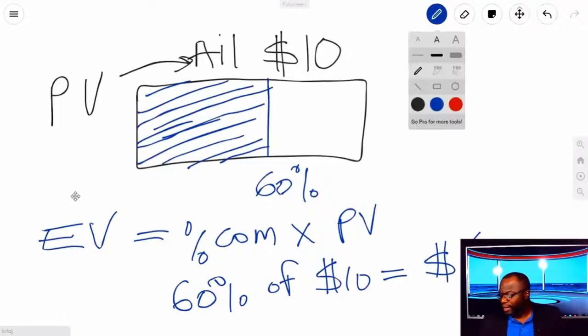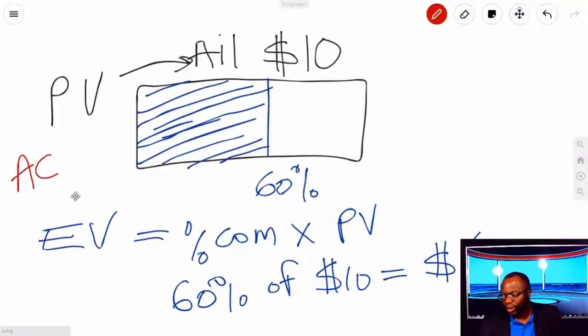Now let's throw in the last metric. I got $6 worth of work done, but guess what? Things didn't go according to plan. Apart from the fact that I am late because I didn't get everything done within the time box, I actually had to spend $8, bringing in actual cost.